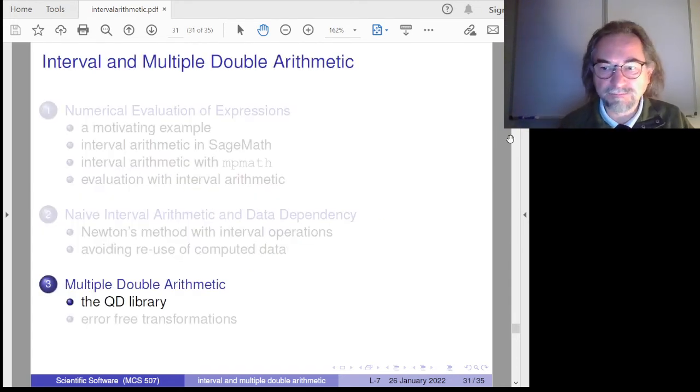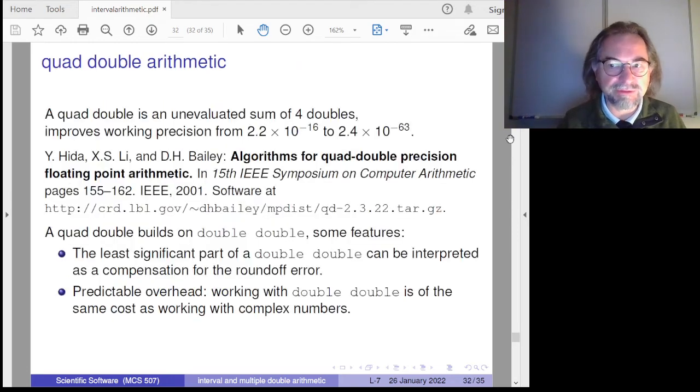Okay, so I deliberately did not want to overload you with too much material. So I have one other arithmetic, which has the benefit of extending the precision, but still exploiting the floating point built-in arithmetic.